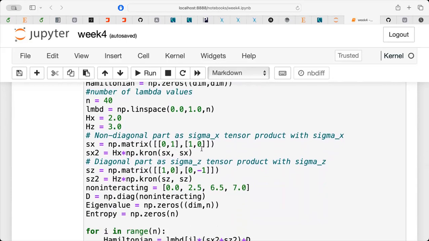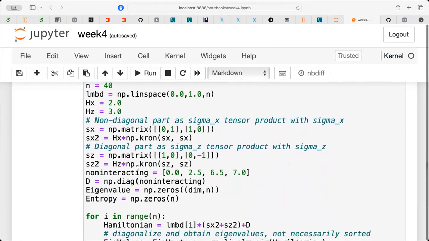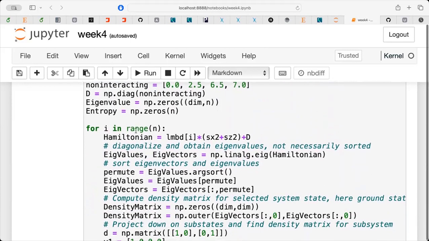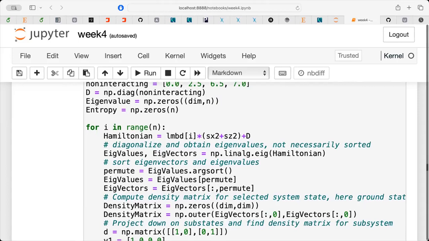So here I have the Pauli matrix X, Pauli matrix C, the tensor product of sigma X and sigma C. These are just the non-interacting cases, and I tune these variables so that I can actually see this avoided level crossing. And here I'm just running for these different parameters, lambda, and then I diagonalize.